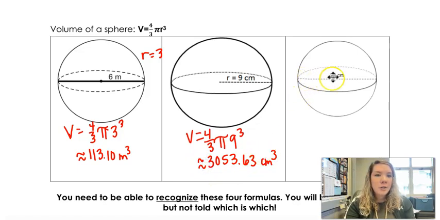Again, this is a diameter, so we need to divide by 2 to get that radius. So we're going to use 14 for our radius. 28 divided by 2 is 14.